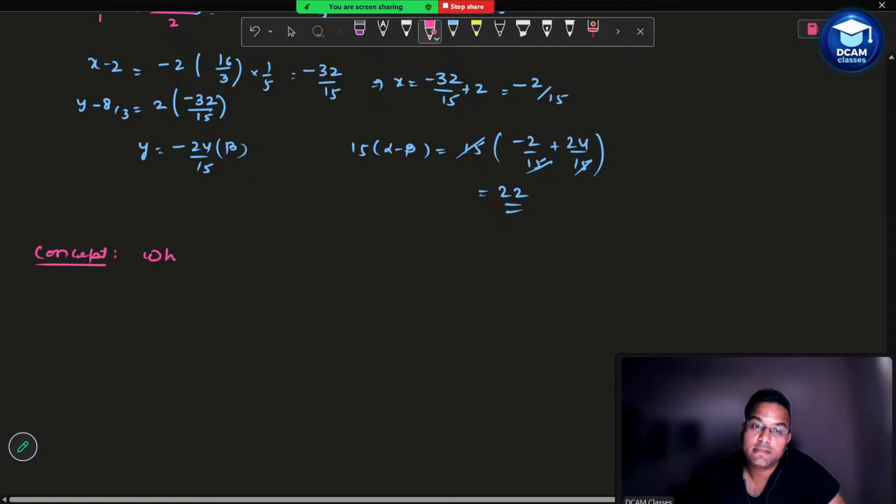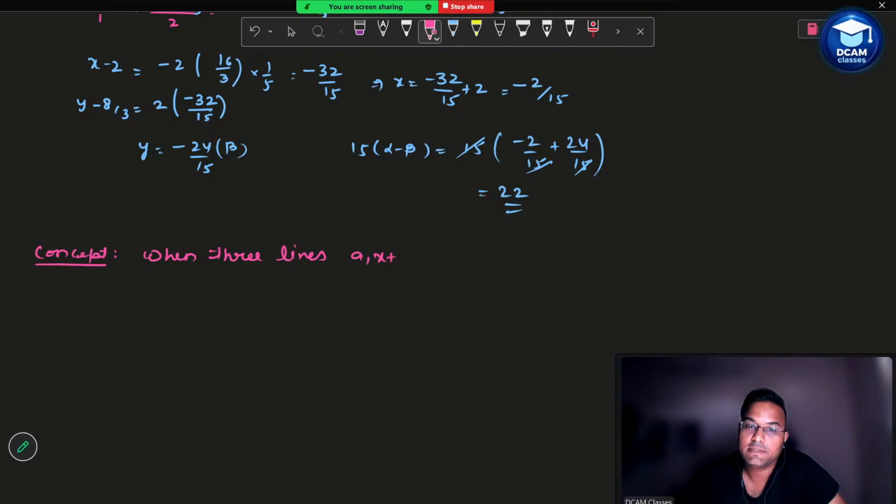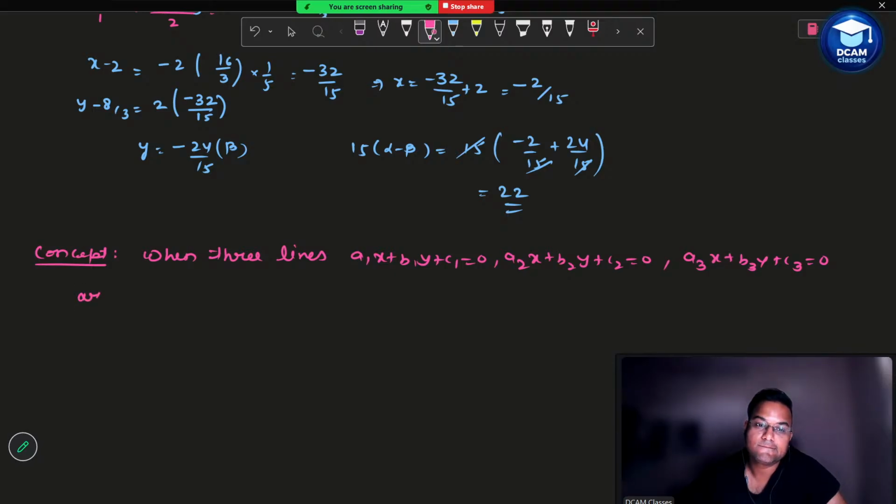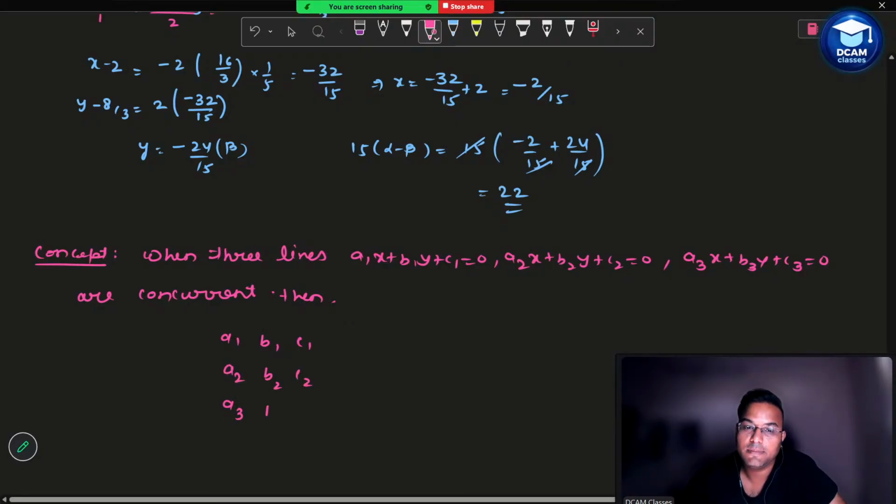When three lines a1x plus b1y plus c1 is equal to 0, a2x plus b2y plus c2 is equal to 0, and a3x plus b3y plus c3 is equal to 0 are concurrent, meaning they intersect at one point, then the determinant of a1 b1 c1, a2 b2 c2, a3 b3 c3 is 0.